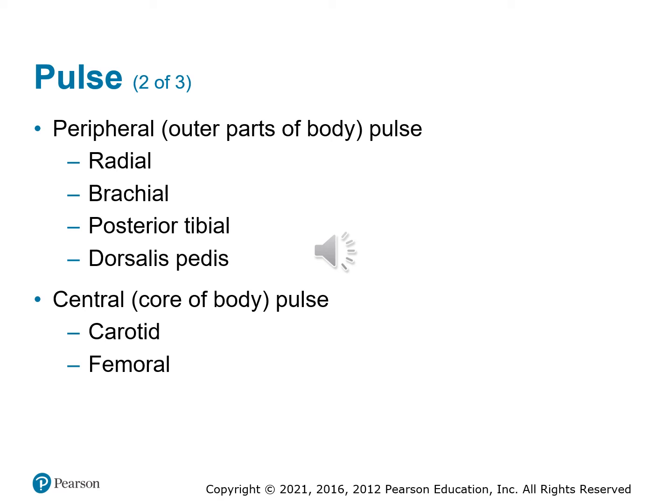And then we've got the dorsalis pedis, which is found on the top of your foot. Central pulses can be felt at the carotid or at the femoral artery. The carotid and the femoral pulses are going to be stronger, mostly because they're larger vessels and they're more centrally located.